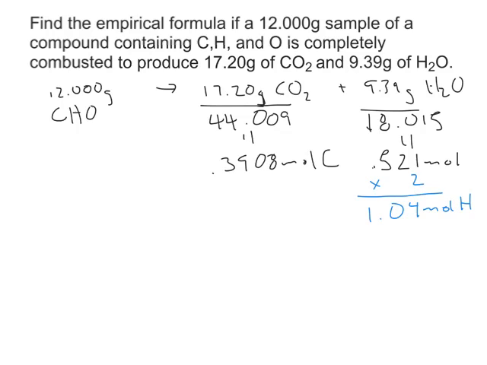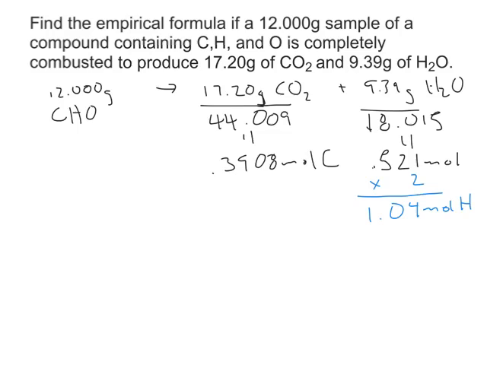So right now, if the compound contained only carbon and hydrogen, we'd be ready to normalize because I have the moles of both of those. But there's another thing in there. So now it's time to solve by subtraction for how much oxygen is in there. The strategy I'm going to use is, if I had 12 grams of this, I can figure out how many grams are from the carbon, how many grams are from the hydrogen, and then the balance of that is going to be the mass that comes from oxygen.